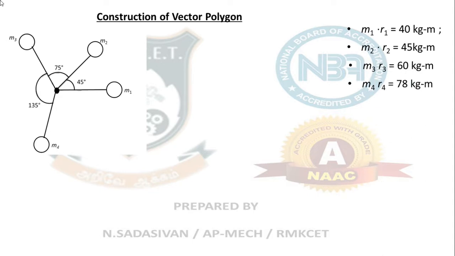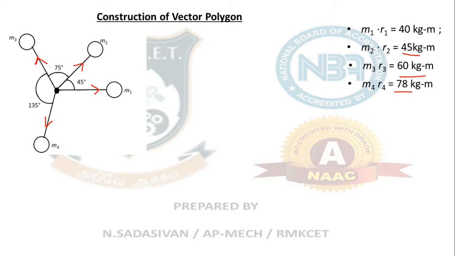This is the magnitude of the vectors you are going to draw. For mass 1, the centrifugal force value is 40 in this direction. For mass 2, 45 kilogram meter in this direction. For mass 3, 60 kilogram meter in this direction. Mass 4, 78 kilogram meter in this direction. Now this angle is very important. You should not make any mistake in moving the scale.